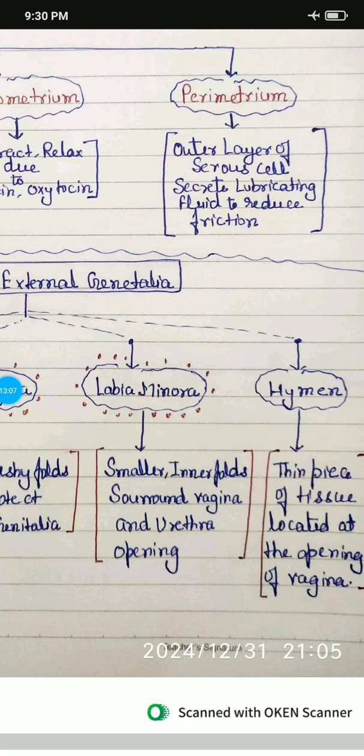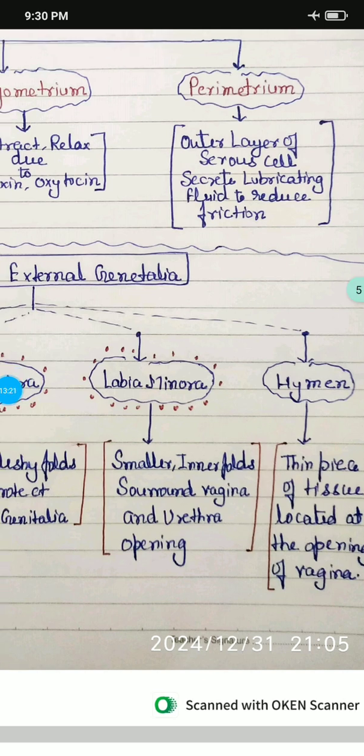Now the next one is the hymen, a very thin piece of tissue located at the opening of the vagina.